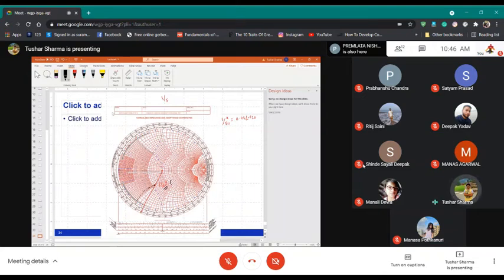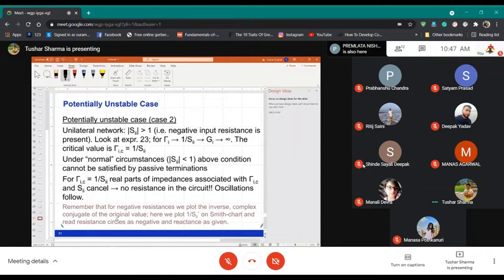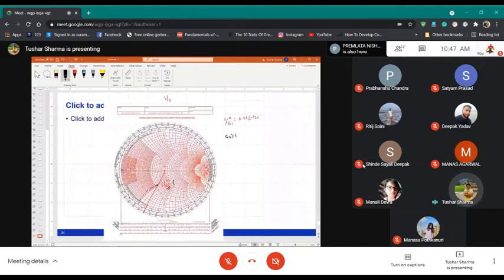and again in this case S11 is greater than 1. Remember this statement which I mentioned here: we plot the complex conjugate of the original value and then read resistance circles as negative and reactance as given. So we will read the resistance circle as negative, which means the impedance originally would be 0.5 minus, because it's in the capacitive region, j0.46.